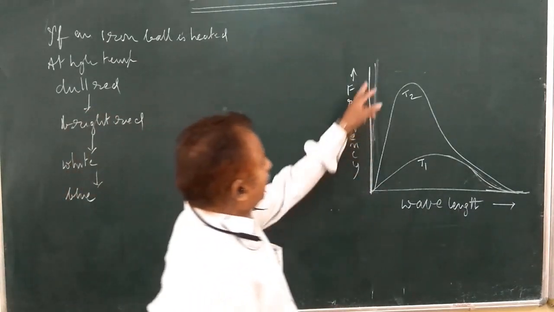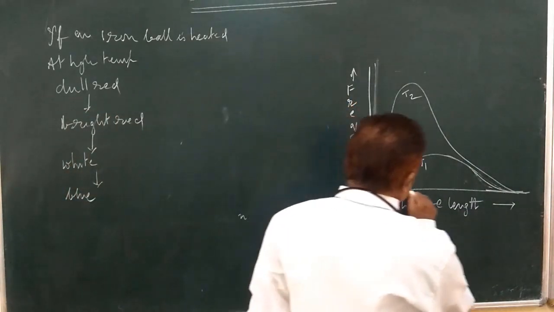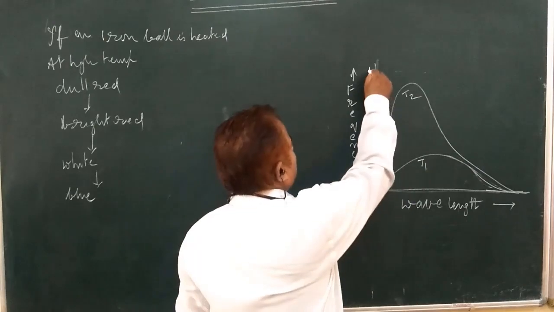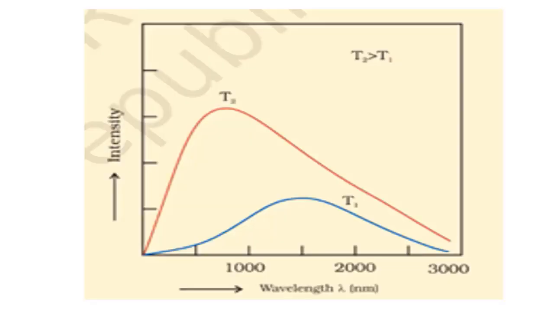See here, in this graph, wavelength is shown on the x-axis and intensity is shown on the y-axis. At a given temperature, intensity of radiation increases with increase in wavelength, reaches a maximum value at a given wavelength, and then starts decreasing with a further increase in wavelength.